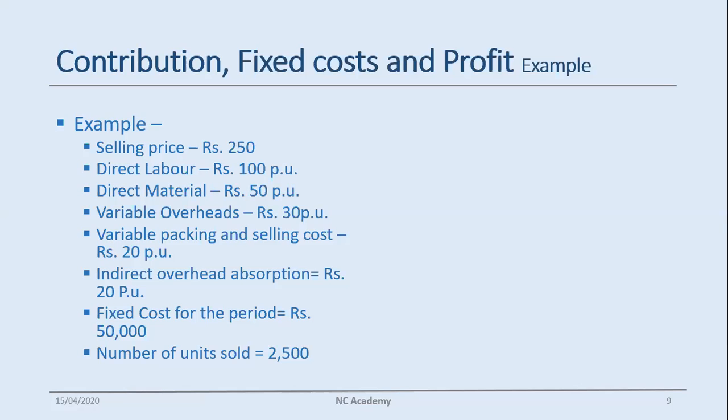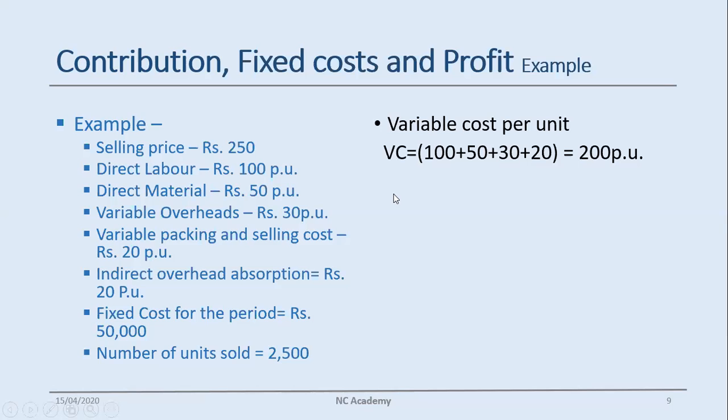Shall we calculate in order? First, we should calculate variable cost per unit. Variable cost per unit includes direct labor, direct material, variable overheads, and variable packing and selling cost, but it does not include indirect overhead absorption.